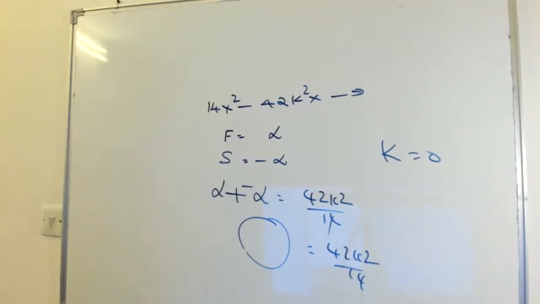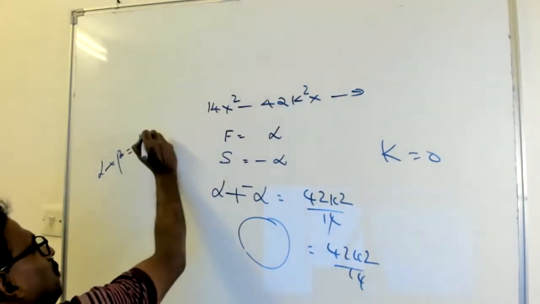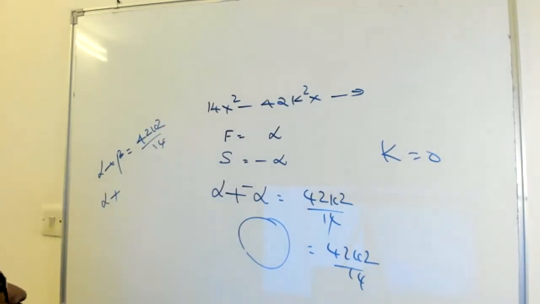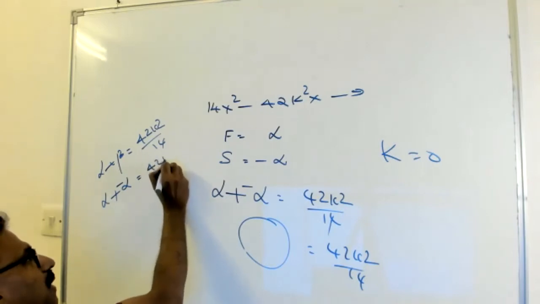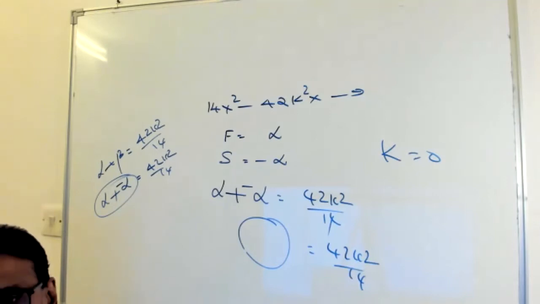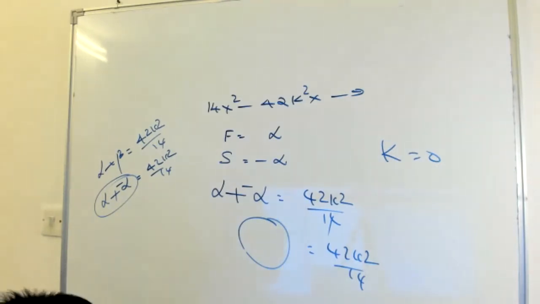Alpha plus beta is 42 k square by 14. But alpha is alpha only, and beta is negative of it, so alpha plus minus alpha, which is 0. Like 3 plus minus 3 is 0. That means k equal to 0. Yes, I understand.